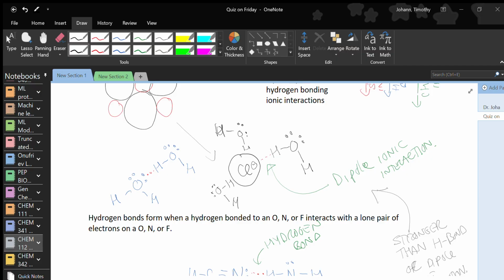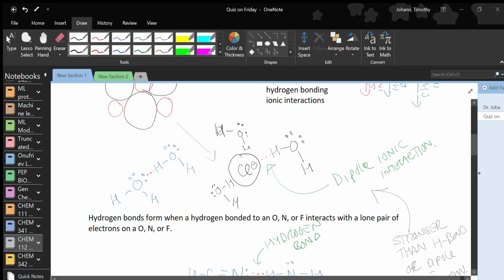I was asking about if you have a polyatomic ion that has a nitrogen in it, it would still be a dipole ionic interaction, not a hydrogen ionic interaction, right? Because it still has that full charge because it's an ion, right?